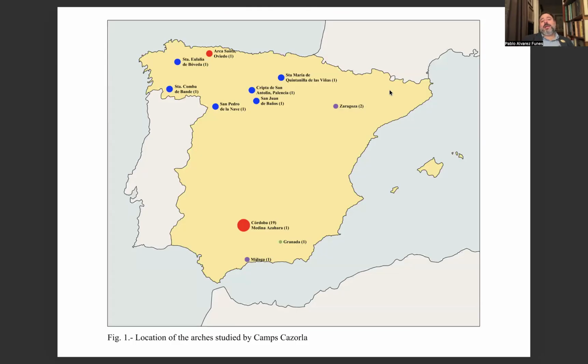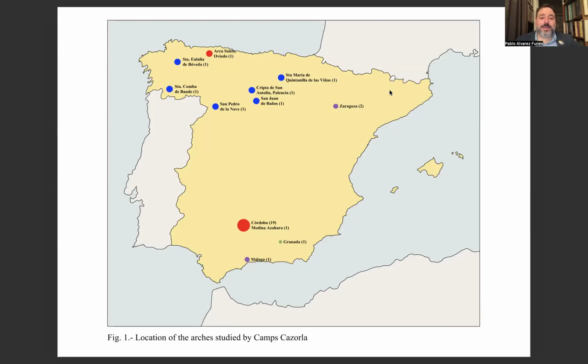So Camps Cazorla does an analysis of a series of arches around Spain. Most of them are in Cordoba because he's focusing on the Caliphal period. So he starts from 711 up to 1031, which is when the Caliphate collapses. But he also goes a little bit before, a little bit after. The bulk of his arches are in Cordoba and Medina Azahara, 20 arches.